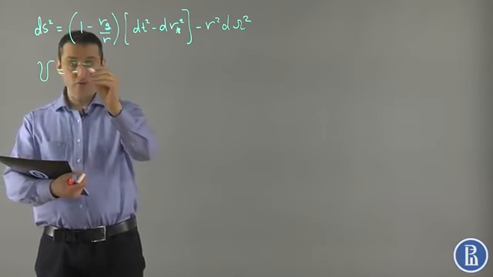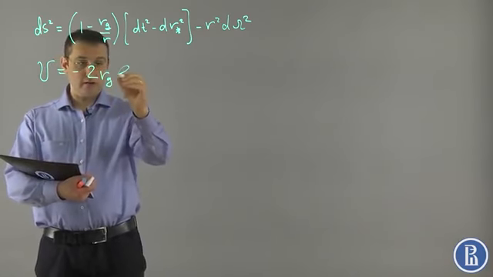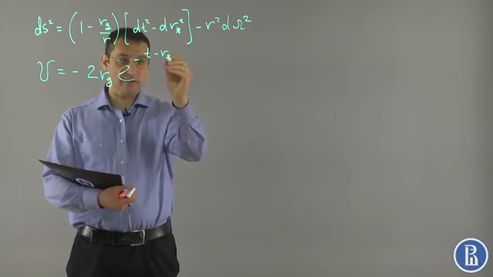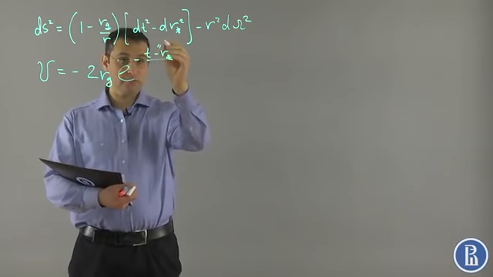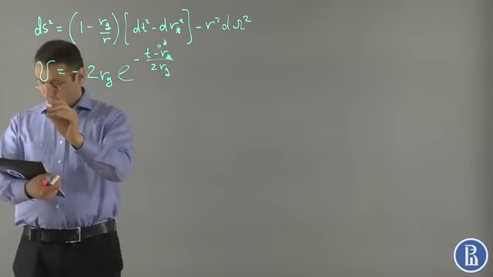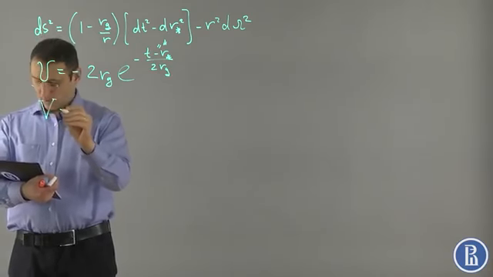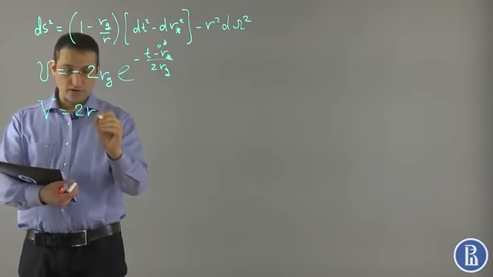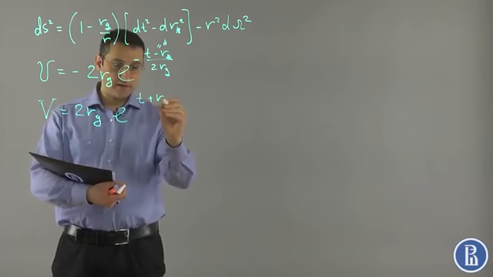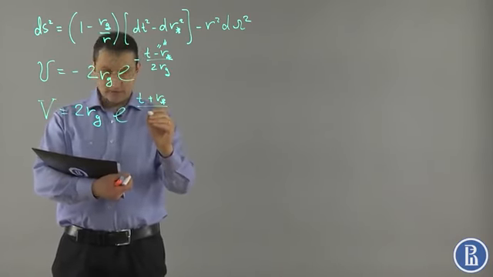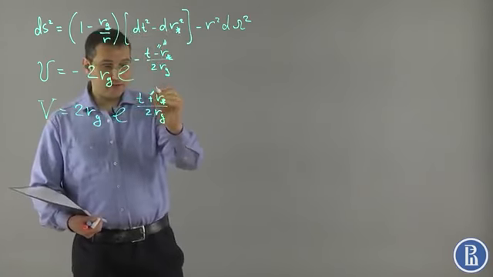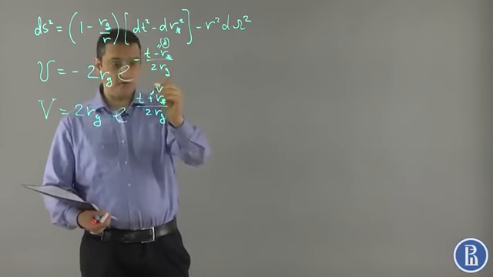U equal to minus 2rg exponent of (minus t minus r star) divided by 2rg, and V equal to 2rg exponent of (t plus r star) divided by 2rg. So this is U, this is V.